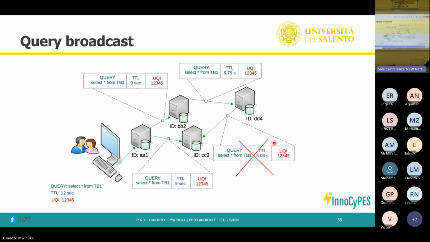We will not run the second query because we have already run it. But if the UQI value is different, then we just run it in our system locally. That's how technically it's broadcast from one peer to another.